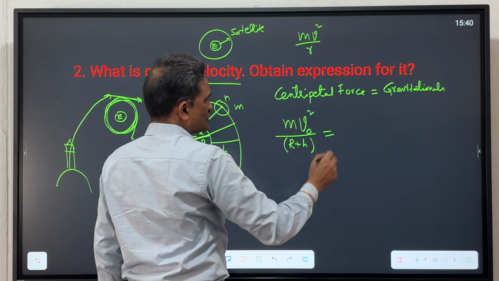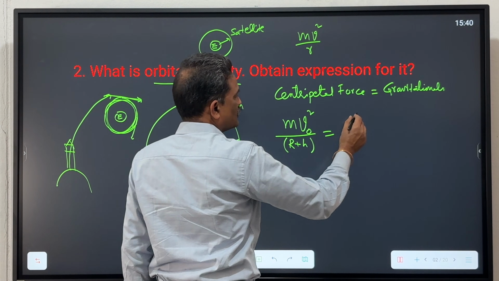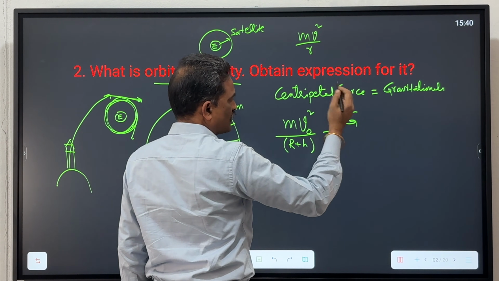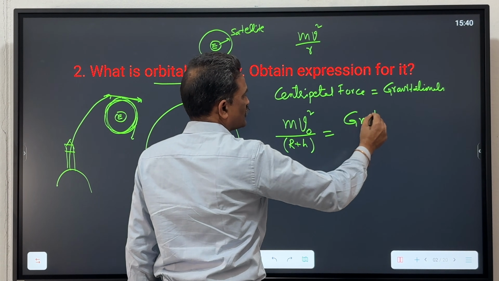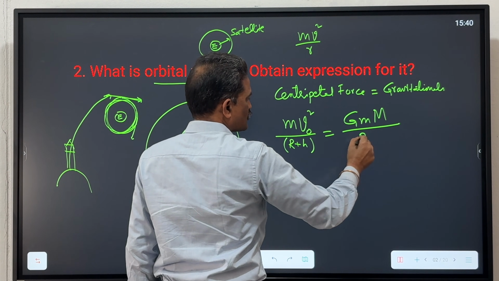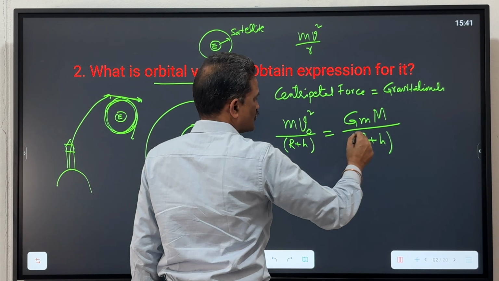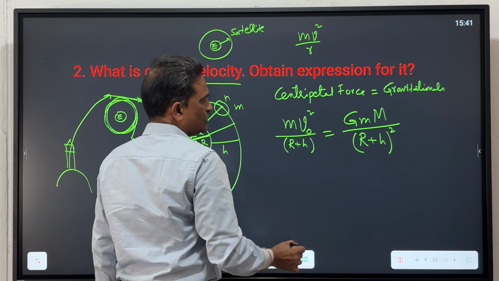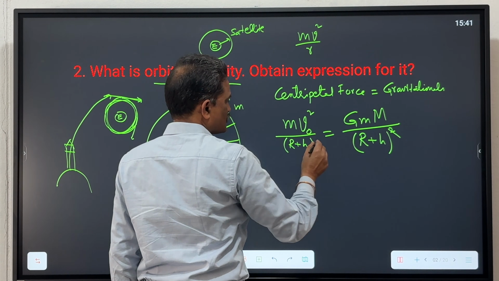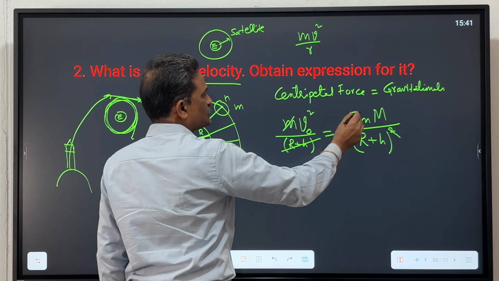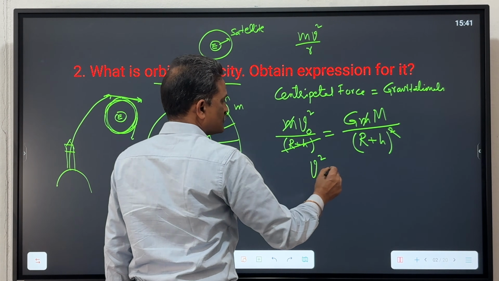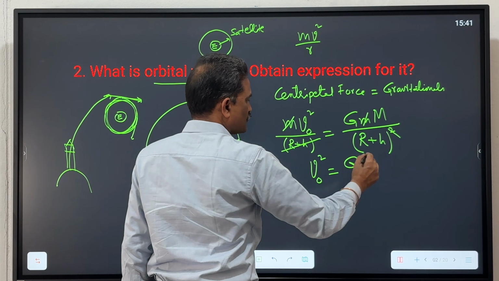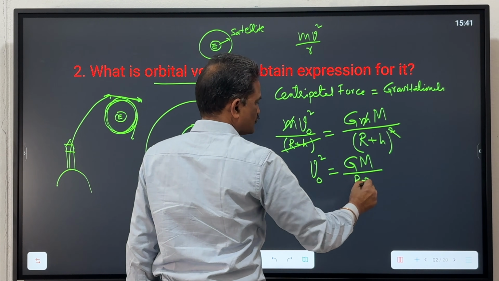From Newton's universal law of gravitation, the gravitational force of attraction is given by G M m by the square of the distance between them, that is (R plus h) whole squared. So small m gets cancelled, and you will end up with vo squared is equal to capital G capital M by (R plus h).